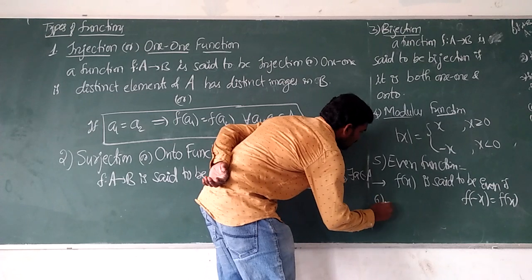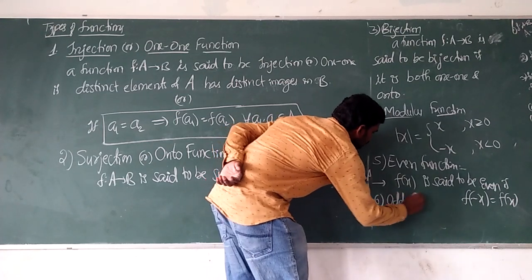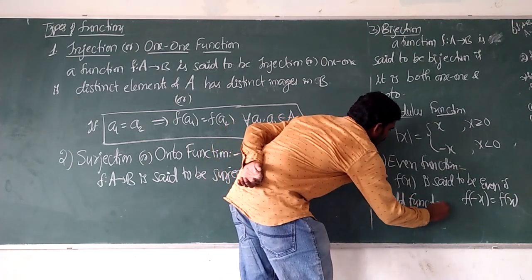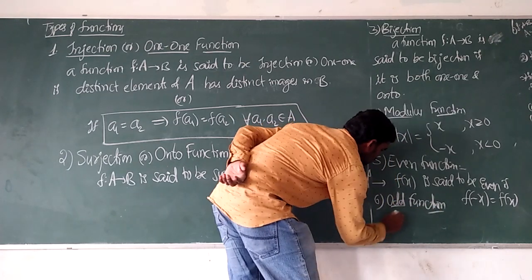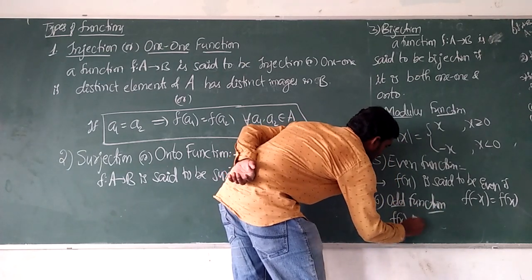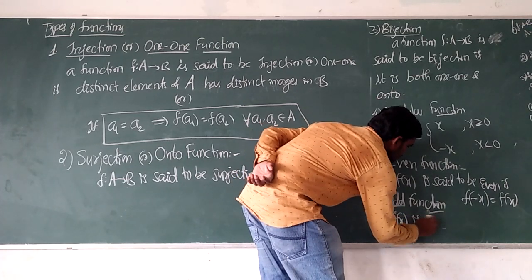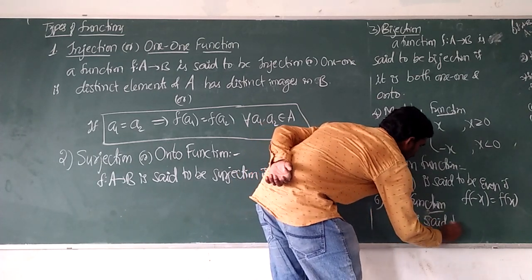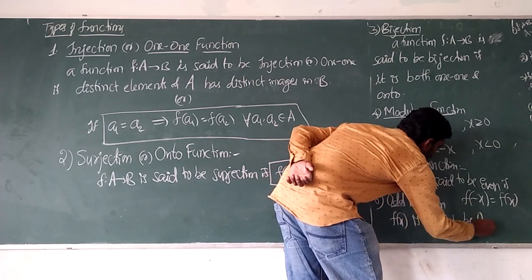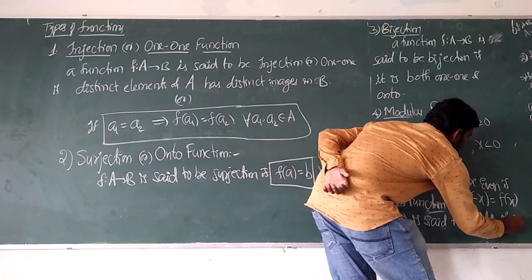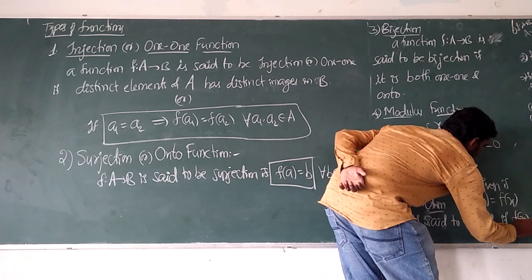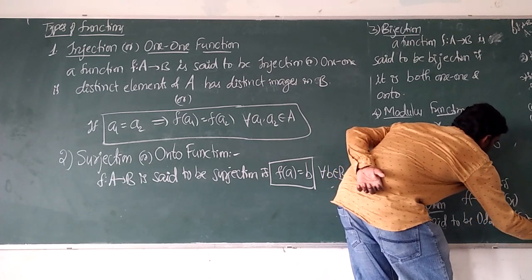And the last one is odd function. Odd function means suppose f of x is a function. It is said to be an odd function if f of minus x is equal to minus f of x.